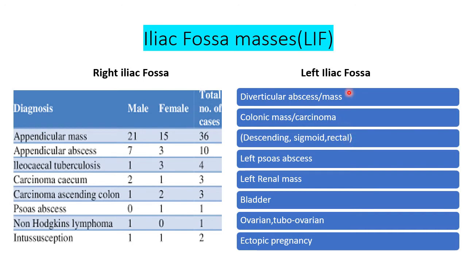These are the important intestinal problems that present in the lower left abdominal quadrant. Others include psoas abscess, left renal mass, bladder problems, left tubo-ovarian mass, and ectopic pregnancy.